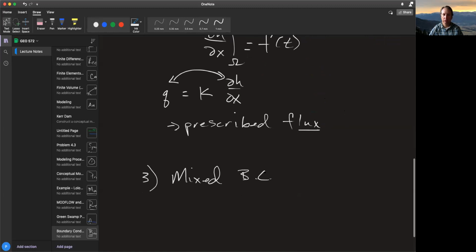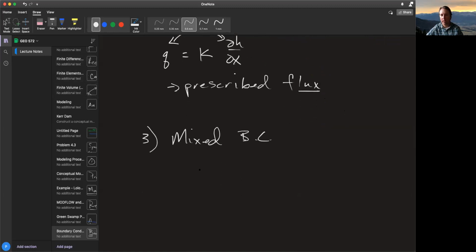So here you might say the flux is a function of the head gradient at the boundary. This head gradient has to take into account head within the boundary, near the boundary. Okay, so these are our three types.